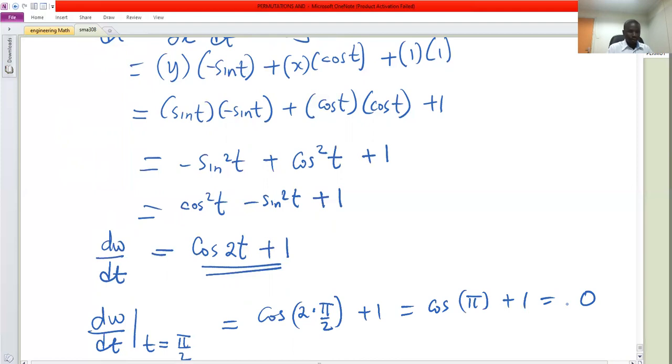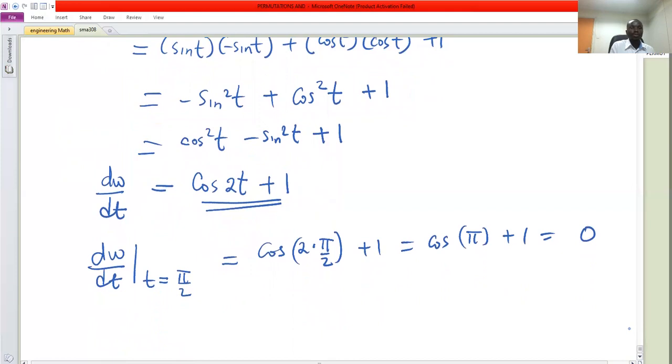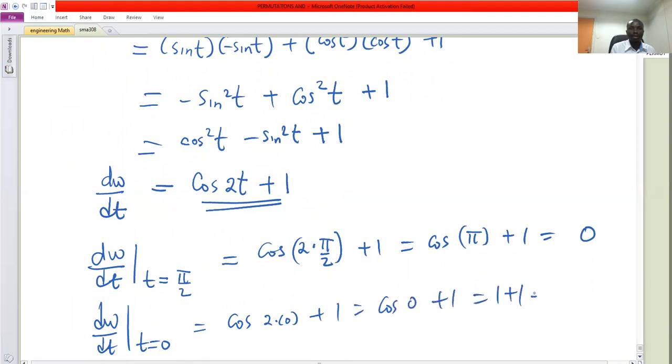Cos of pi is negative 1. Negative 1 plus 1, you get 0. And assuming you are to solve the change at t equals 0, then this will be cos of 2 by 0 plus 1, which is cos of 0 plus 1, which is 1 plus 1, and you get the answer to be 2.